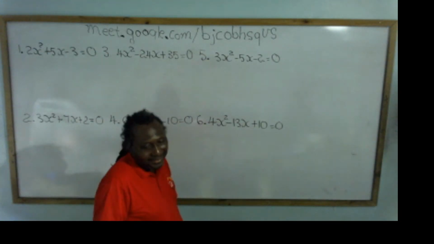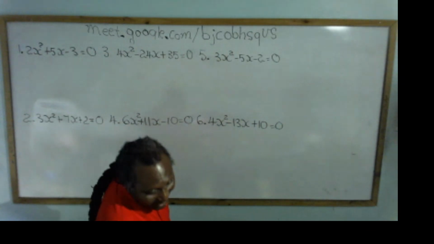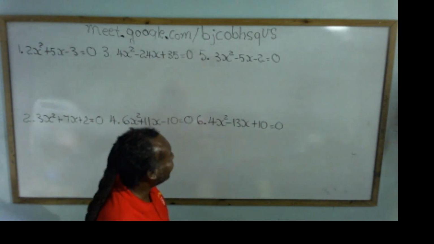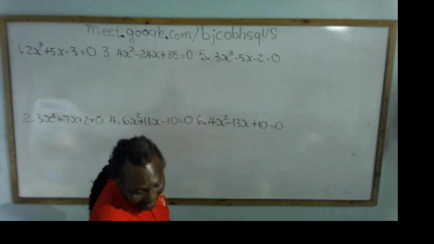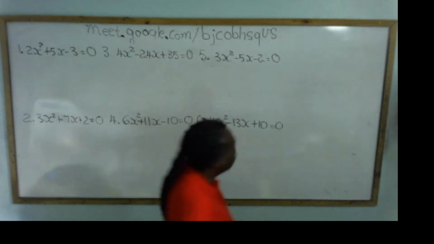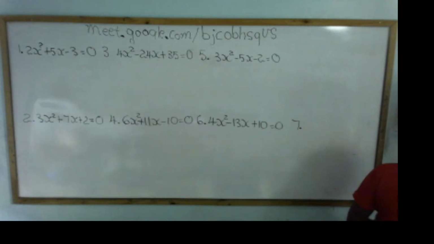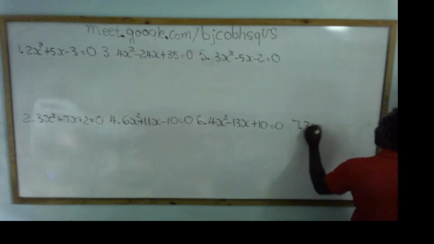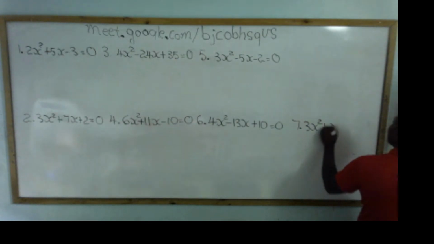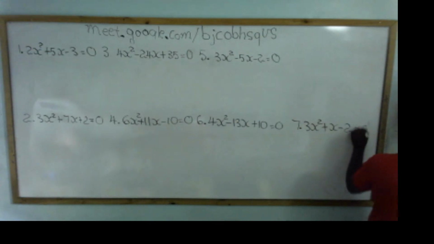I think number 6 is more in the clear than that one. And I'm going to put number 7 right beside it. Number 7: 3x squared plus x minus 2 equals 0.